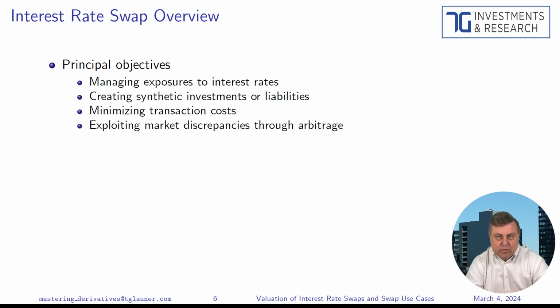Another objective may involve exploiting market discrepancies through arbitrage, since swaps have specific exposures that can be leveraged if there are perceived differences in market expectations. Lastly, some may engage in swaps purely for speculative purposes.